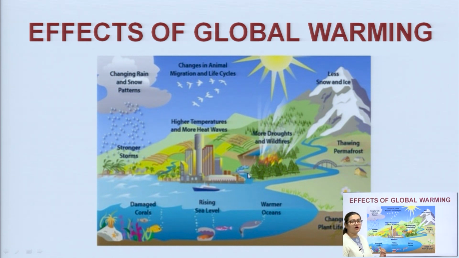Because of high sea levels and high temperature of water bodies, more water will get evaporated. When more water gets evaporated, it will cause the formation of more and more clouds, because of which rain and snow patterns change, which also causes stronger storms.